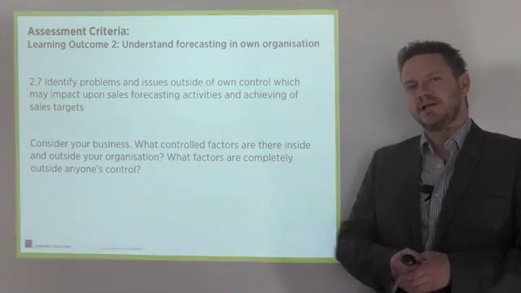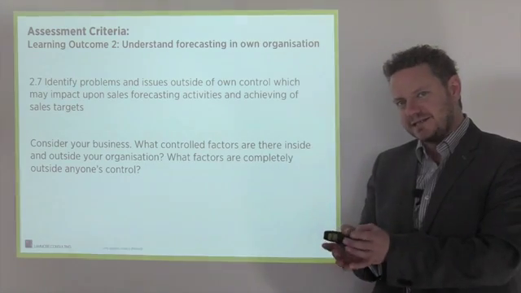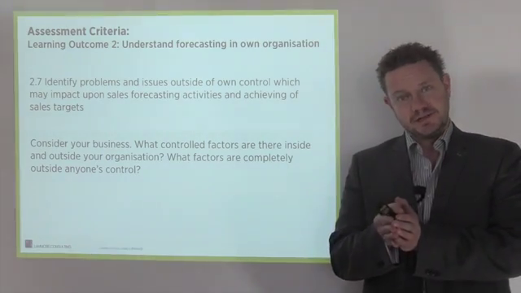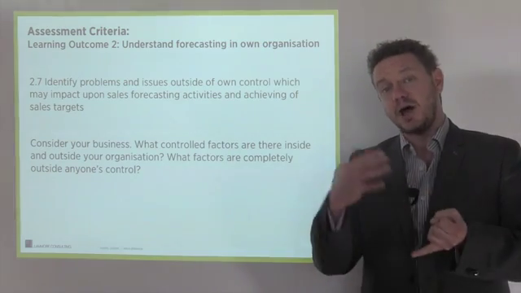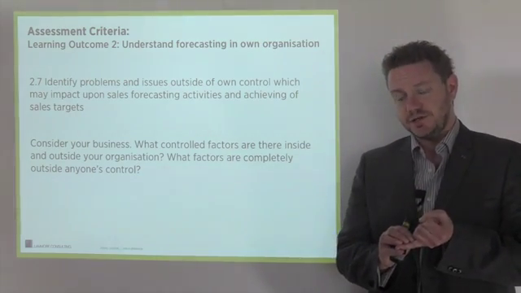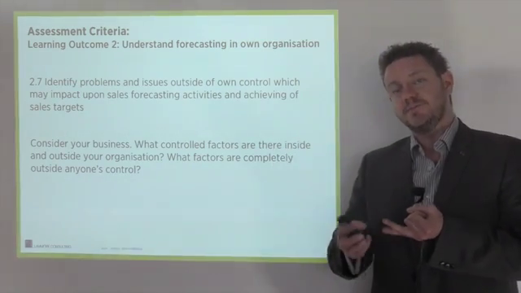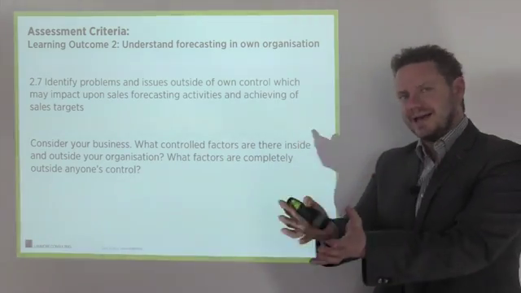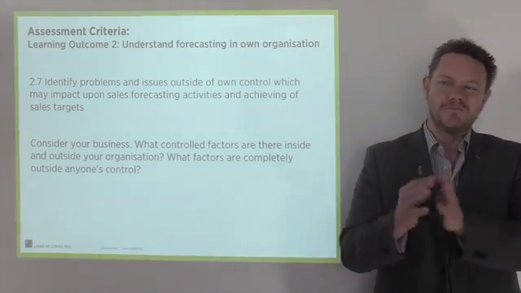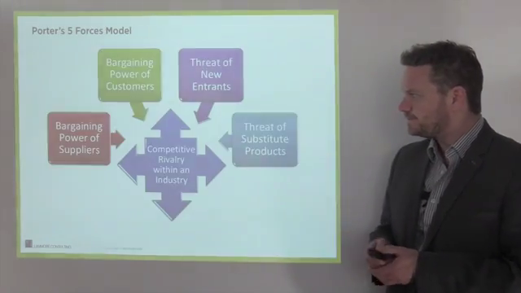So look at your business, look at your industry, look at your trends, and see what factors exist that could influence your business. Both ones that are controlled from within your business, and other bits outside of your particular business unit, things that are influenced by people in your industry but outside your business. And then thirdly, these sort of completely out of control or much, much broader influences over sales performance.